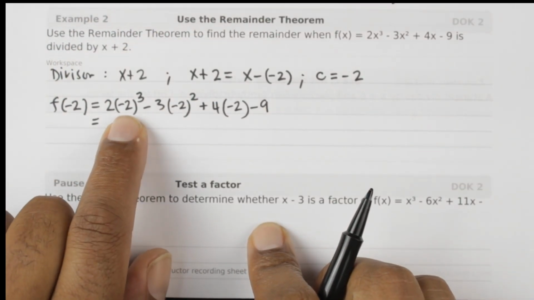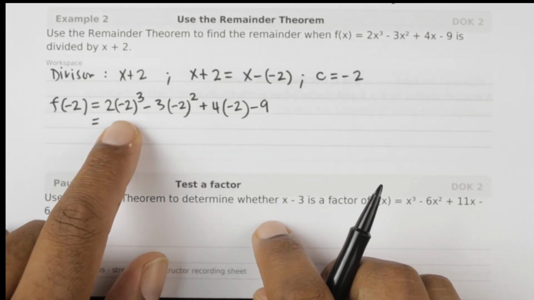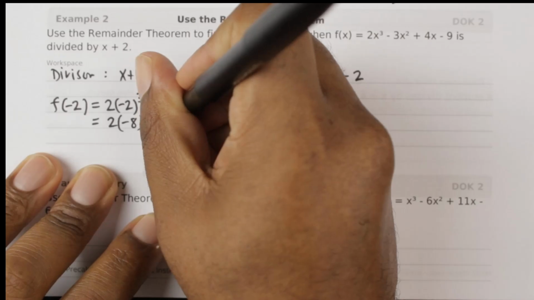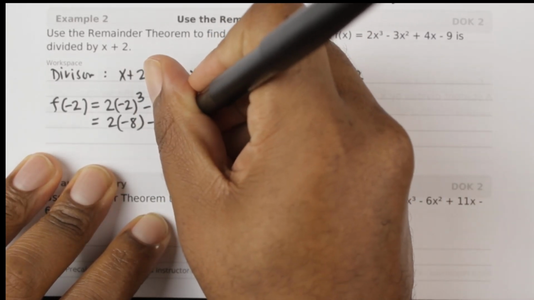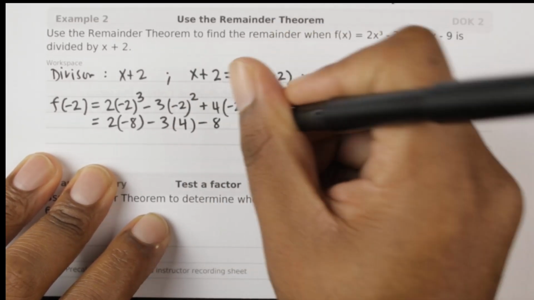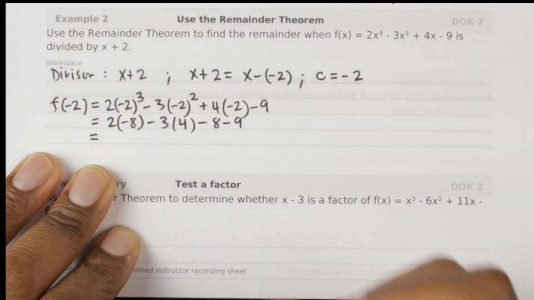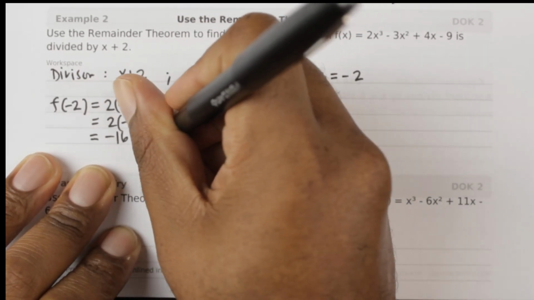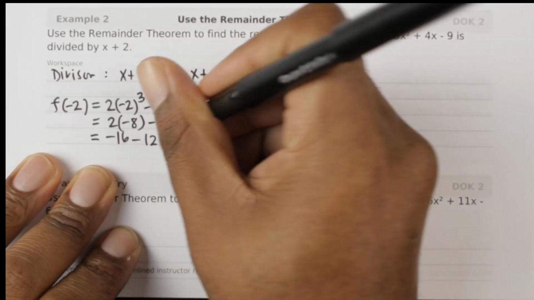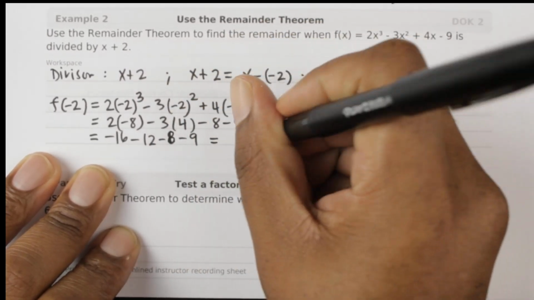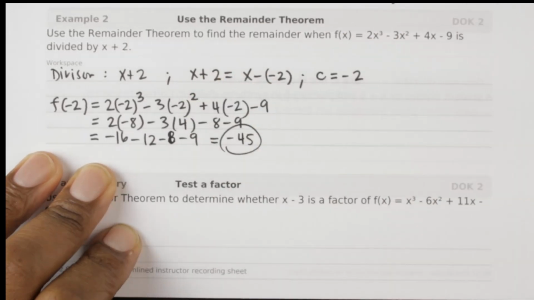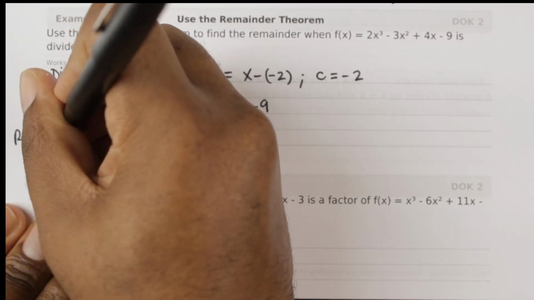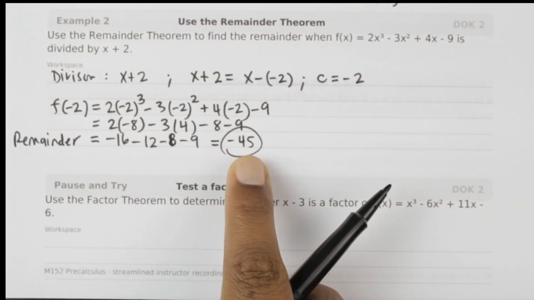This is going to be negative 2 times negative 2 times negative 2, or 2 times negative 8, minus negative 2 times negative 2, positive 4, then minus 12, final result negative 45. So the remainder is negative 45.